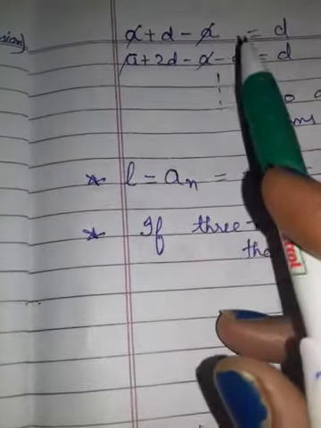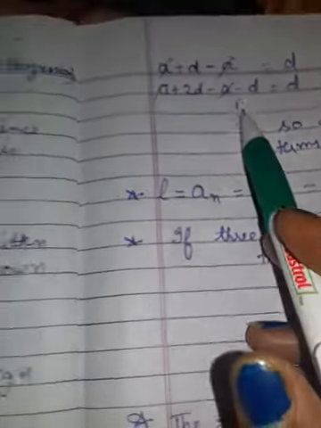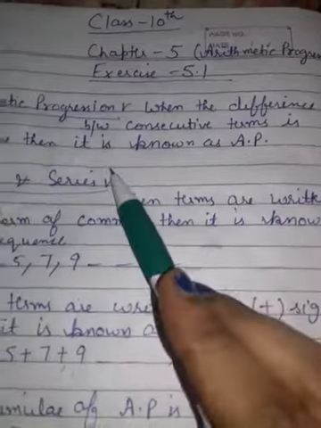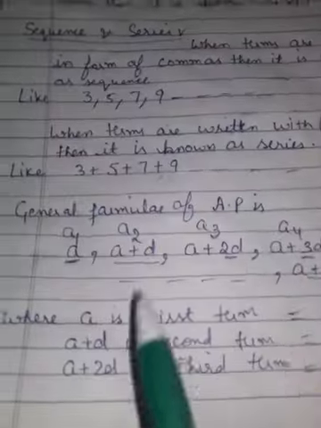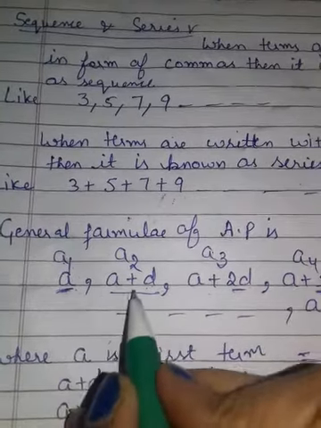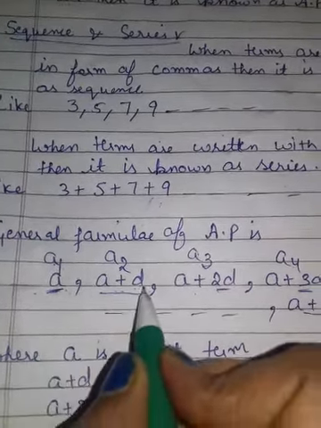Then when we check whether it is AP or not, I told you that the difference between two consecutive terms is the same. Now see, this is your first term, this is your second term. The difference between these two: A plus D minus A. What is the difference?